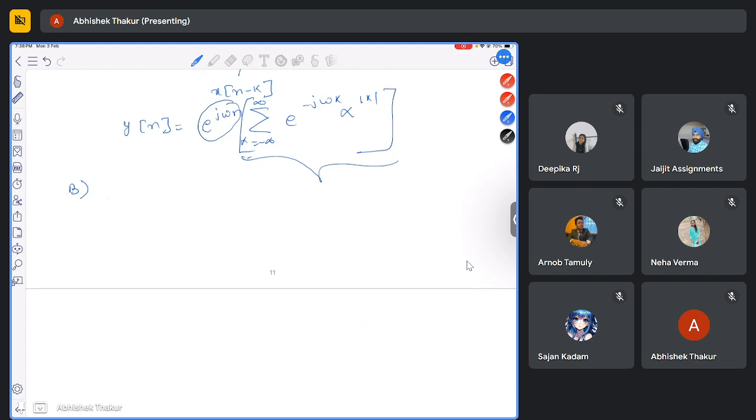Now option B. The convolution equation first we will write. The output at 0 they are asking. So n is equal to 0, we will substitute x of minus k, h of k.